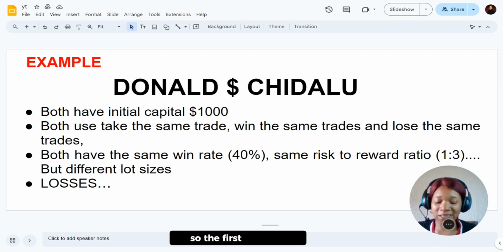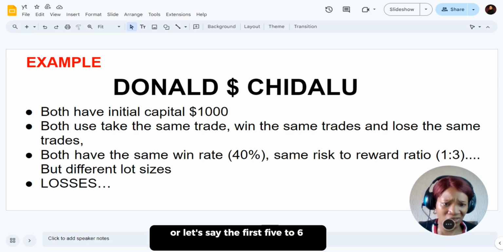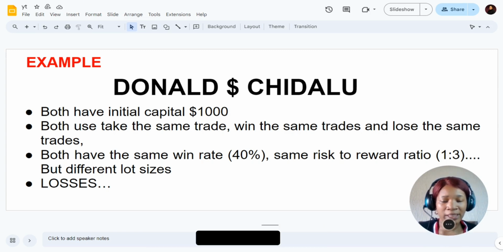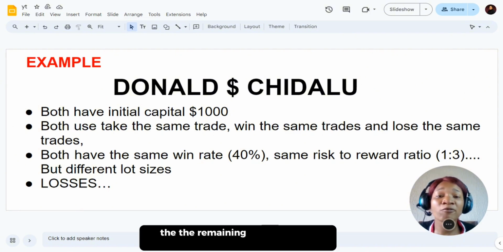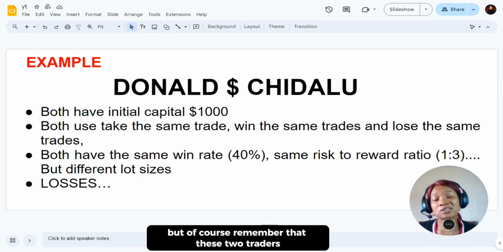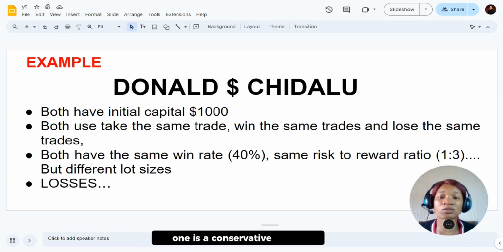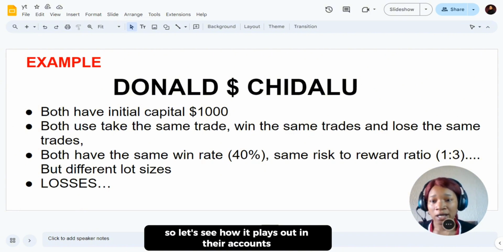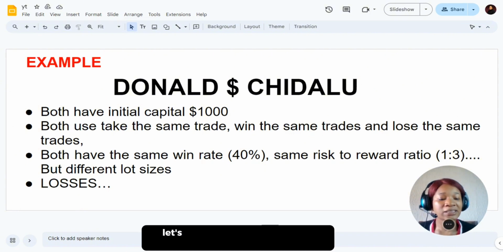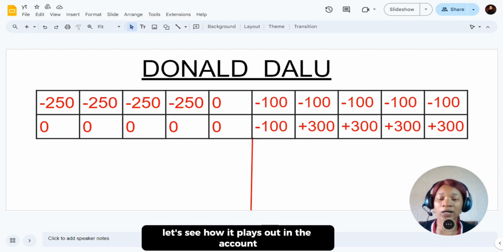So the first 5 to 6 trades ended in losses, and then the remaining 4 ended in profits. But remember that of these 2 traders, one is an aggressive trader, one is a conservative trader. So let's see how it plays out in their accounts.